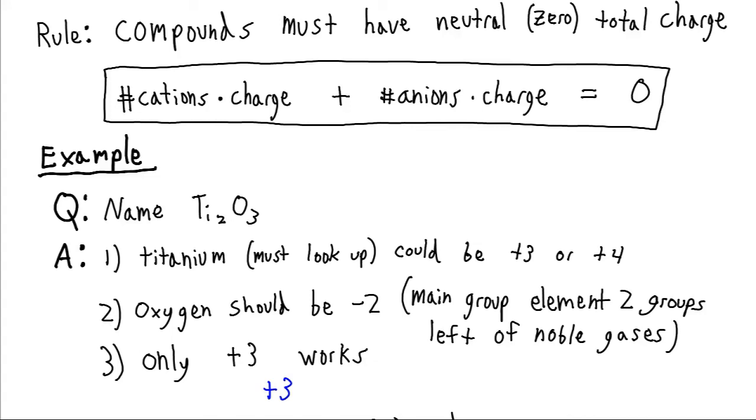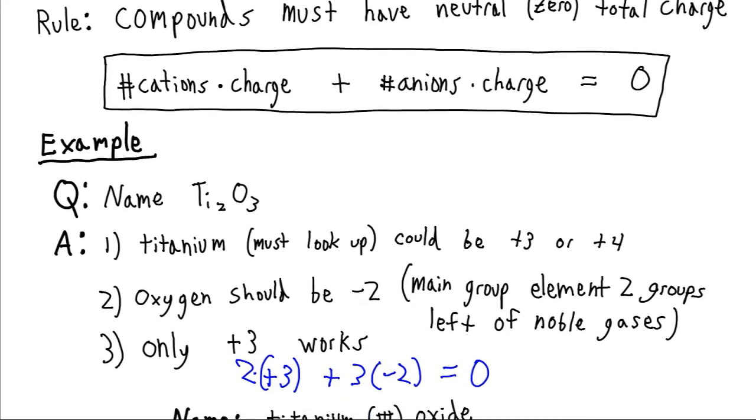So if we have +3 for titanium, and we have our 2 titaniums, that adds up to +6. And then we have our 3 oxygens, each with -2, adds up to -6. So +6 plus -6 gives us a total of 0. So we're happy with that.